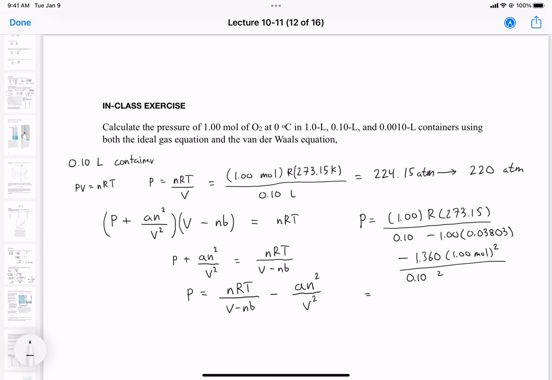And now we take the sum of that value here and subtract it by 1.360 divided by 0.10 squared, we get a very interesting number, to say the least.